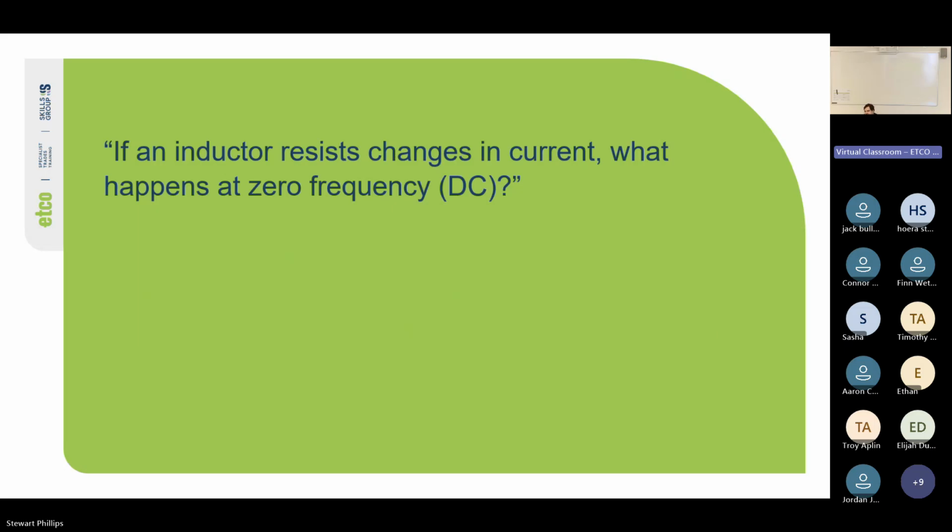What happens at zero frequency or DC? Yeah, pretty much nothing happens.